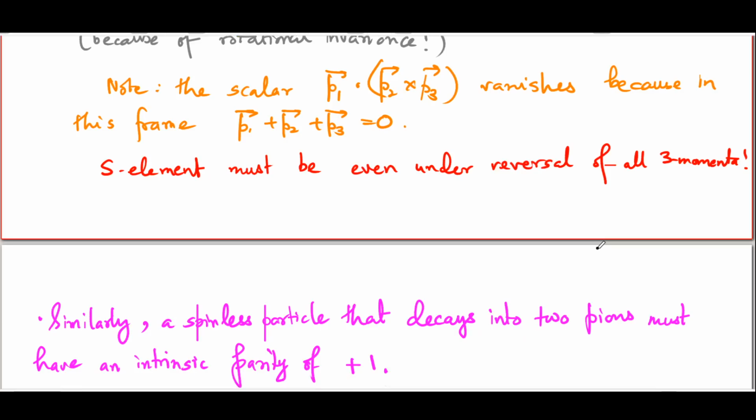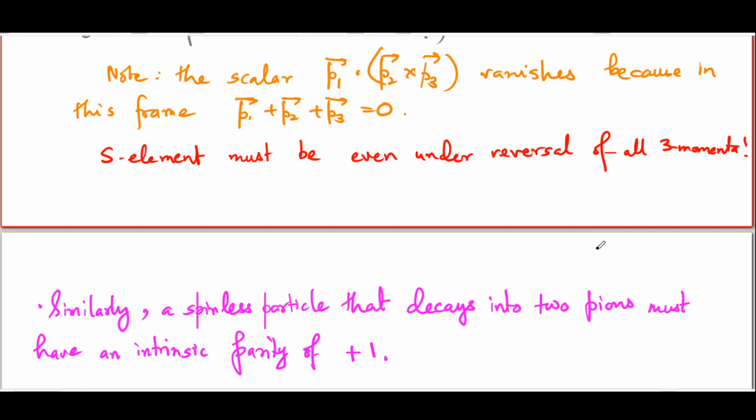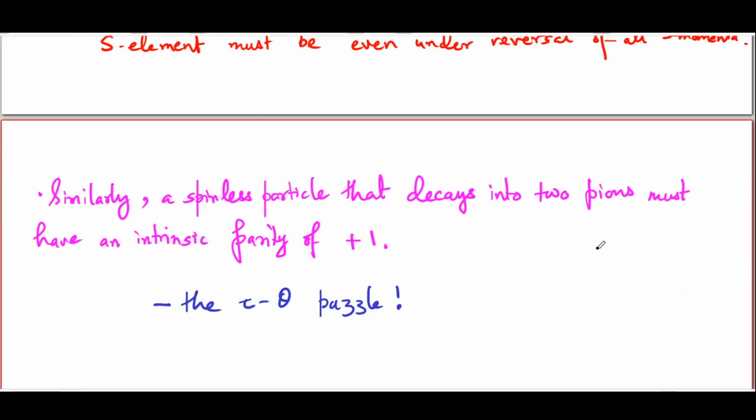Similarly, a spinless particle that decays into 2 pions must have an intrinsic parity of plus 1. Exactly the same argument. And this leads to a huge observational problem. In the late 1940s, it was already known that there are two distinct particles, one which decays into 3 pions, another which decays into 2 pions.